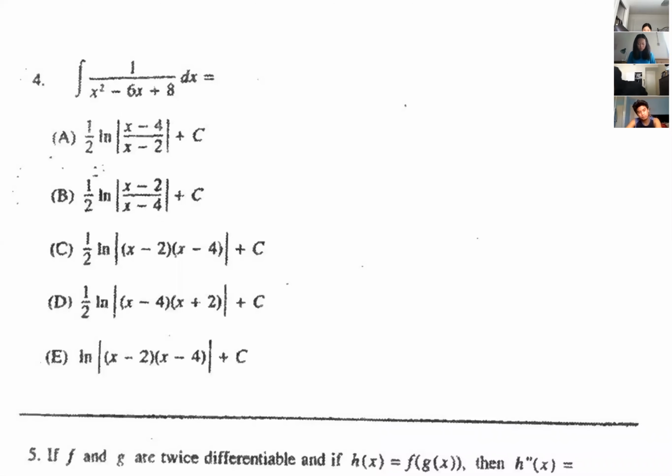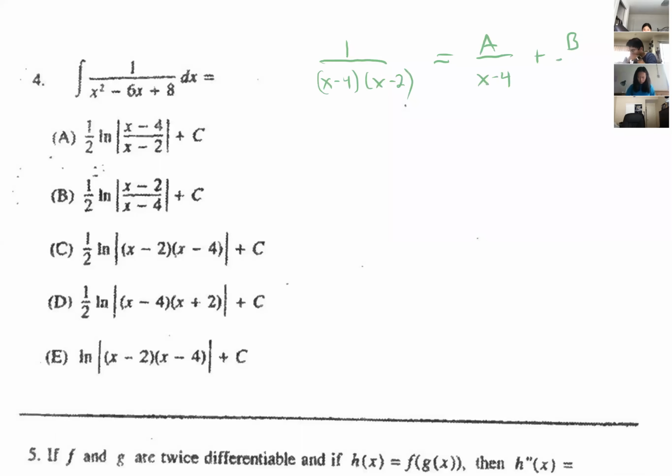Okay, so I'm going to start off with a little scratch work. I'm going to factor my denominator here. So it's x minus 4, x minus 2. It's going to equal some number over the first factor, we'll call it a, and then plus a different number over the second factor, we'll call that different number b.